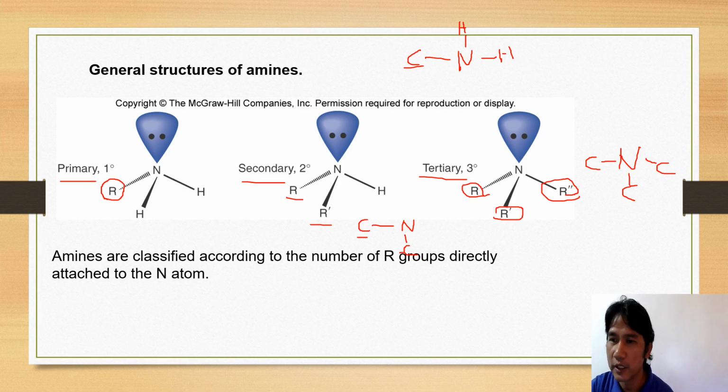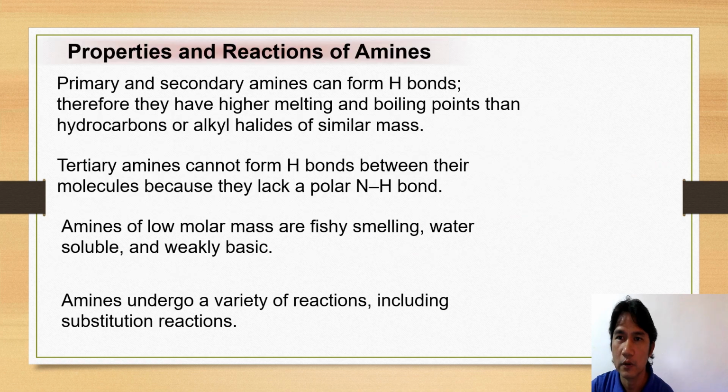Each of them have different physical properties and their reactivity differs. The primary and secondary amine can form hydrogen bonds. Therefore, they have higher melting point and boiling point. So they could bond very easily to water, for example, or they can form hydrogen bonds with alcohol.